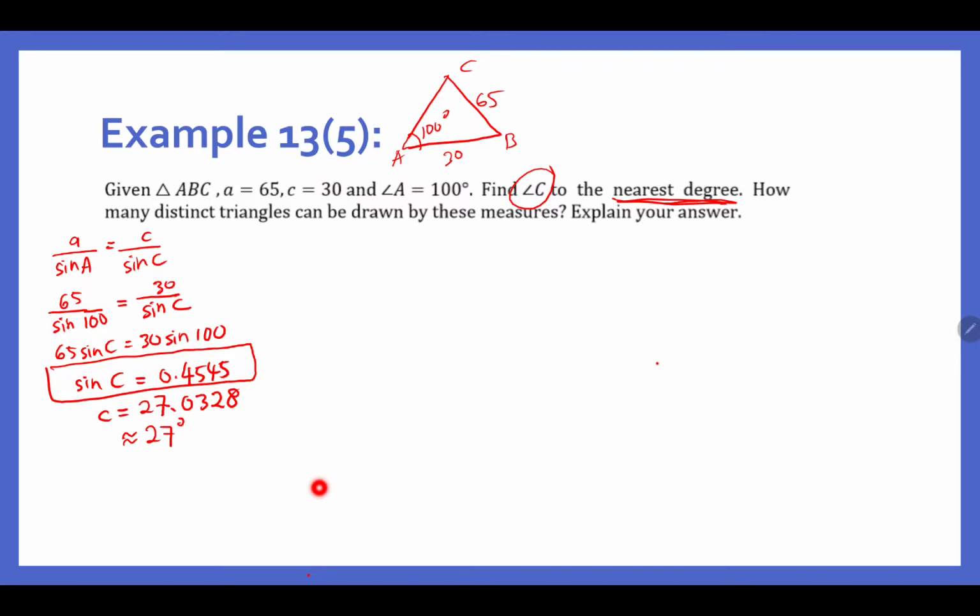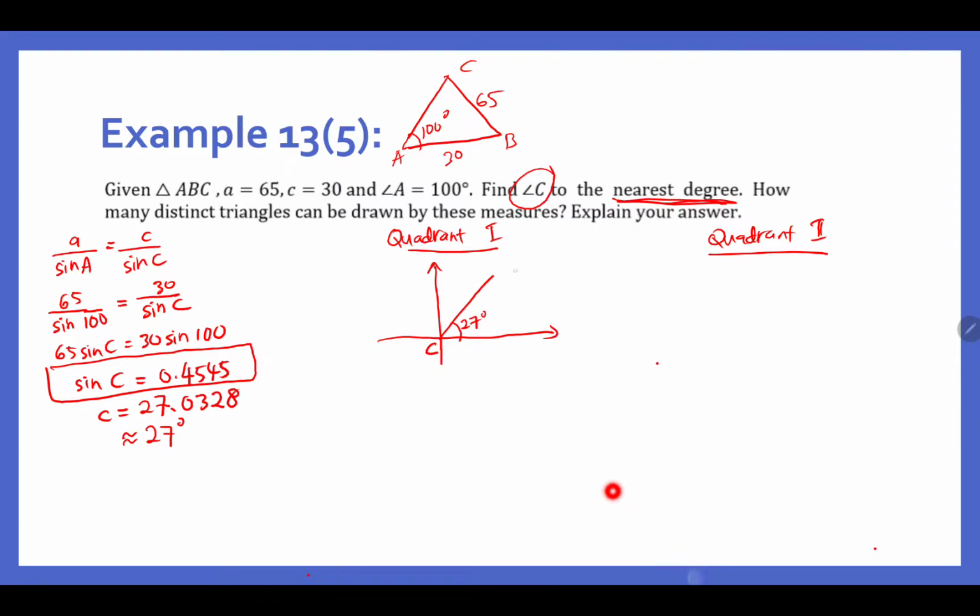Sama macam tadi, kita kena consider kuadran 1 dengan kuadran 2. If the angle C, which is 27, lies in the first quadrant, so 27 will be right here, so C kat sini.